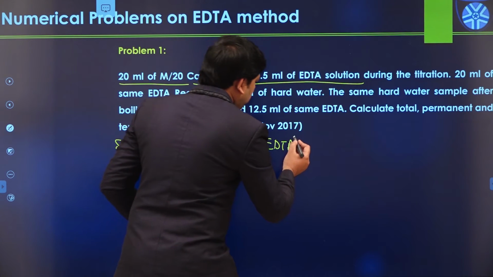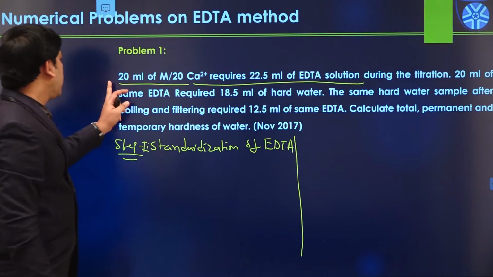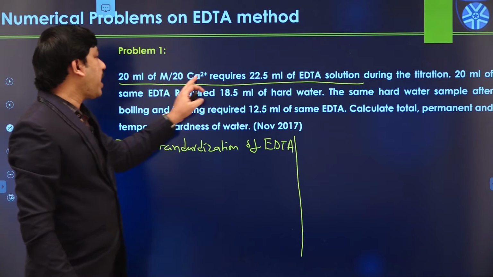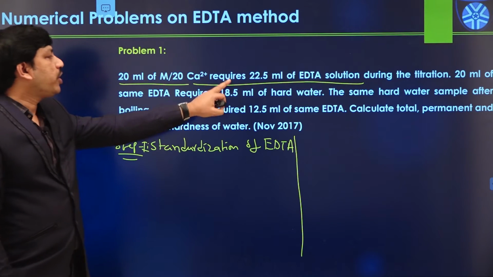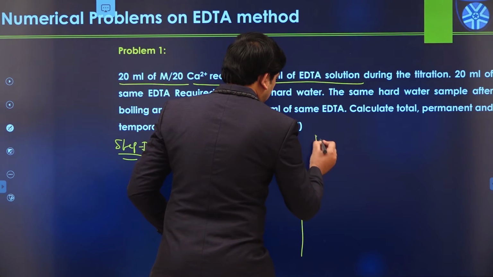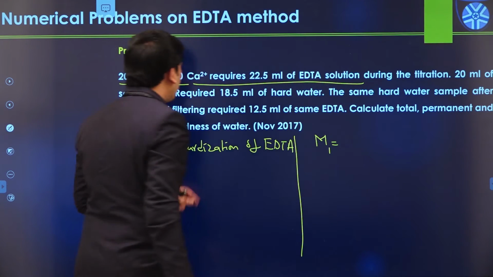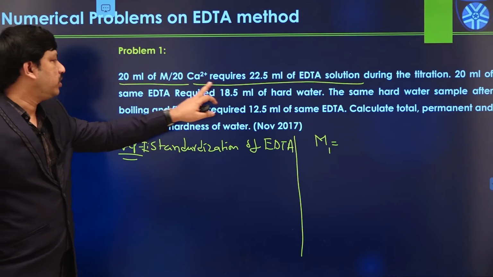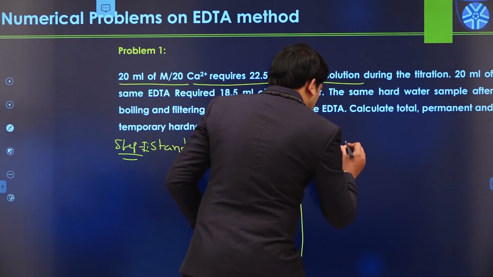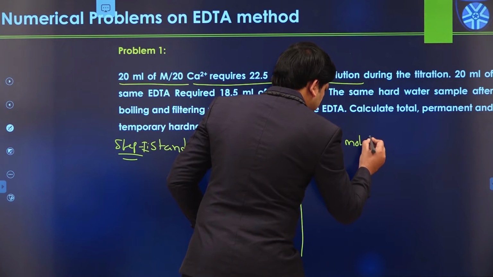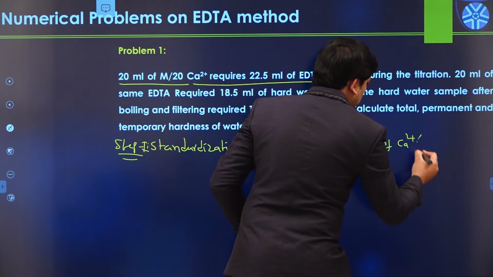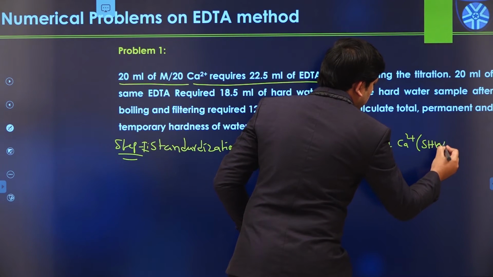In this case, what is the data they have given? Let us see. They have given that 20 ml of M/20 Ca2+ requires 22.5 ml of EDTA solution. So here M1 is the molarity of Ca2+, which is the standard hard water sample.